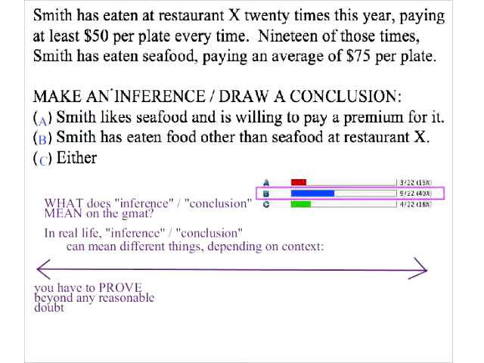Or it can just mean you have some sort of vague hunch or idea that something is true. And in real life, the point is that you are all over this spectrum with what conclusion means. Like, for instance, if you say, oh, my friend has a girlfriend who has red hair, therefore he must like redheads a lot.